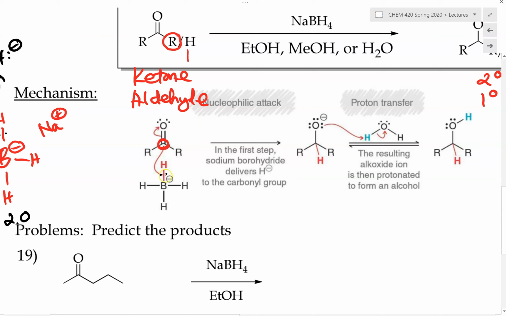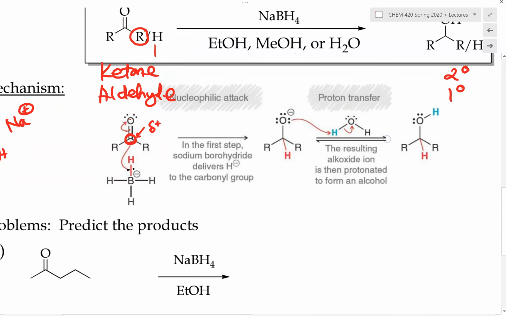Because this carbon has a positive charge on it, the hydride comes in and attacks this carbonyl carbon. Once this attack has happened, this carbonyl carbon becomes exceeding octet, so it has to break its pi bond, and the electrons are donated to the oxygen, forming this alkoxide.